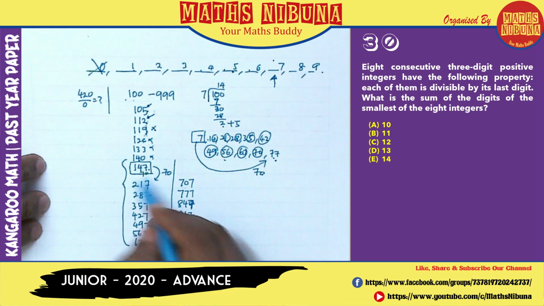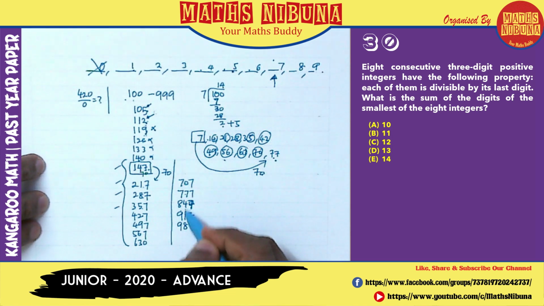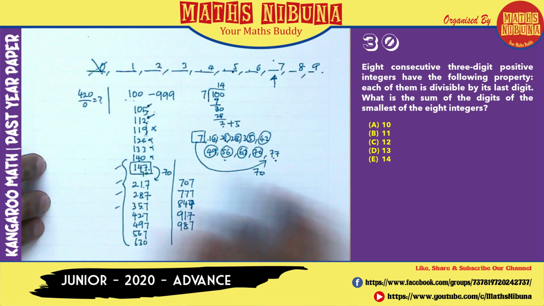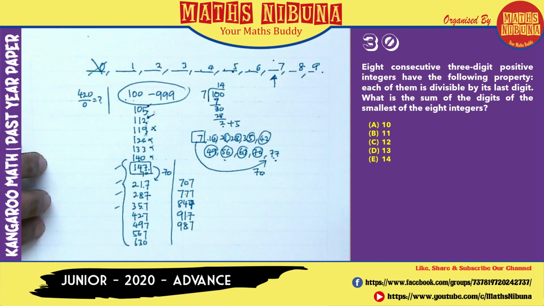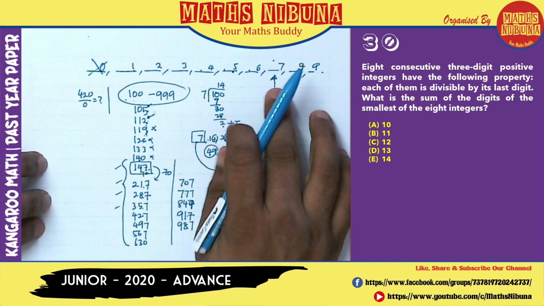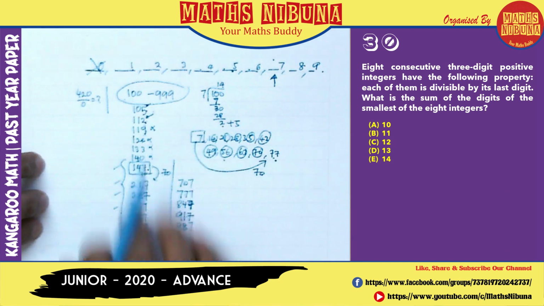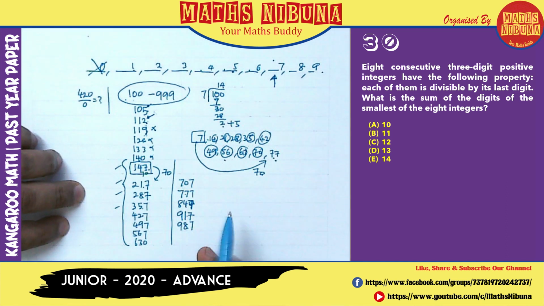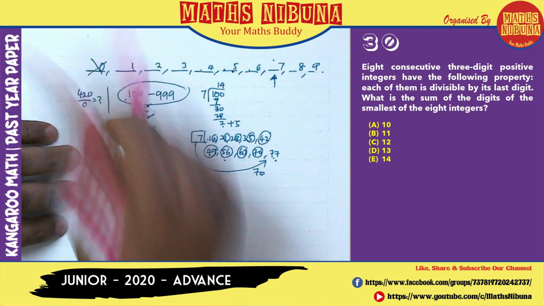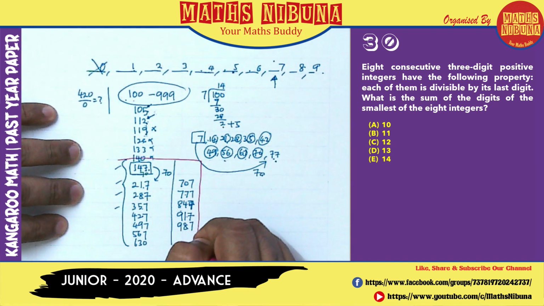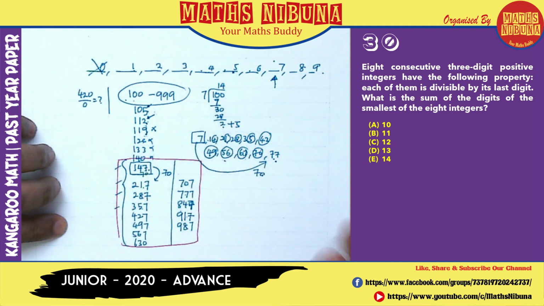So these are the possible numbers. That is 13 numbers. From almost 900 numbers, when I consider 7, I have already reduced to less than 20 numbers, which could satisfy the given condition.